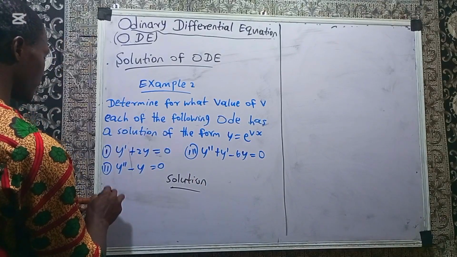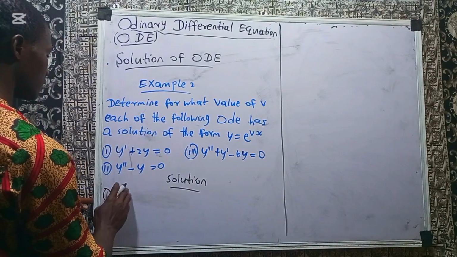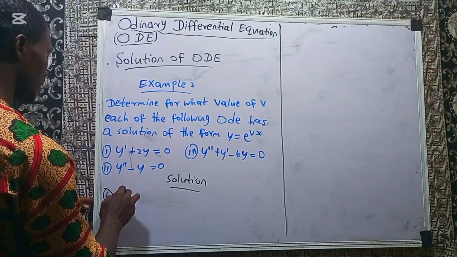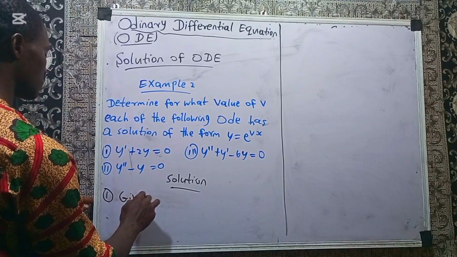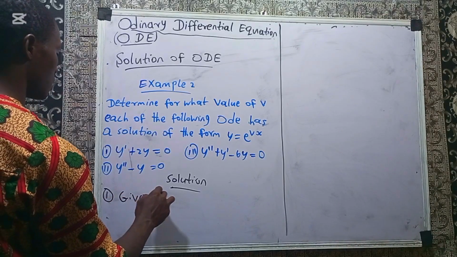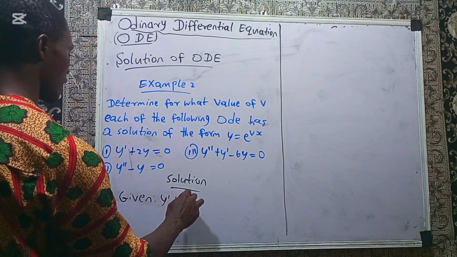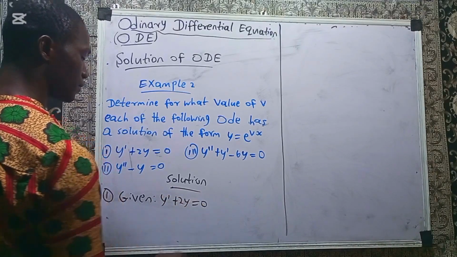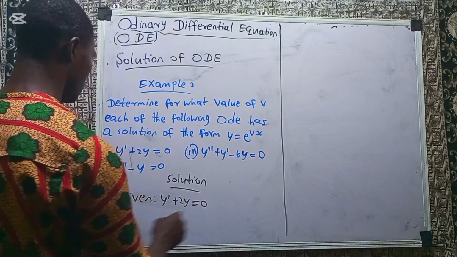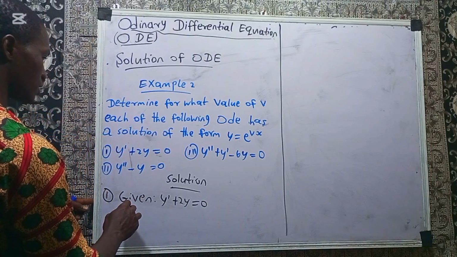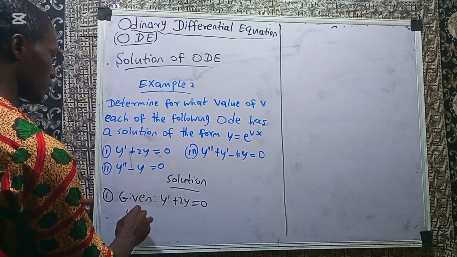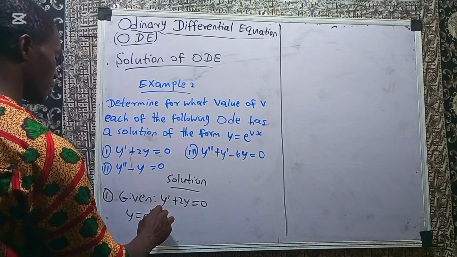So let's look at the first one. Given y prime plus 2y equals 0, right? And what is given to us is again y equals exponential vx.